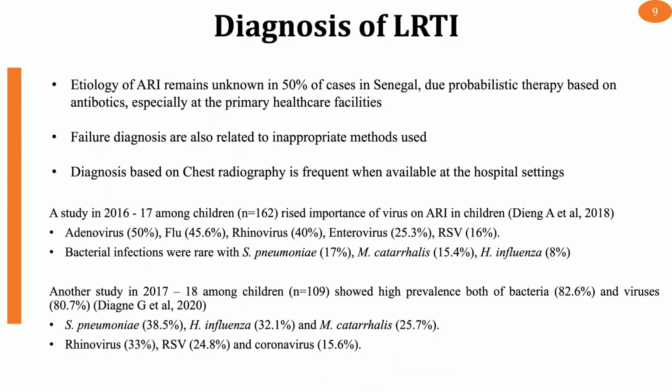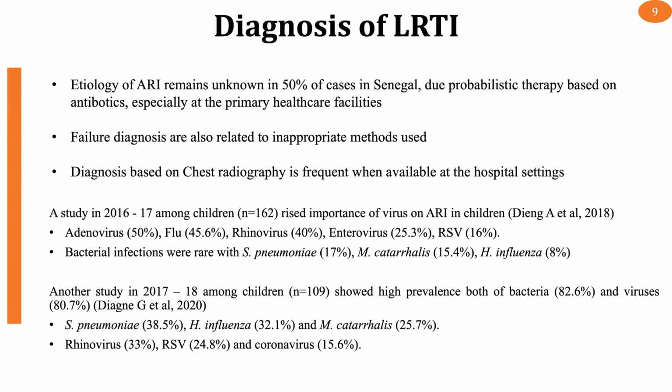So as you know, the etiology of acute respiratory tract infection remains unknown in half of the cases in Senegal, and the situation is due to the probabilistic therapy usually applied. This probabilistic therapy is mostly applied using antibiotics, and this is frequent at the primary healthcare facility.